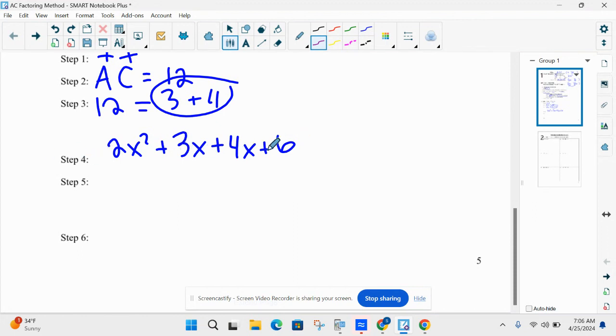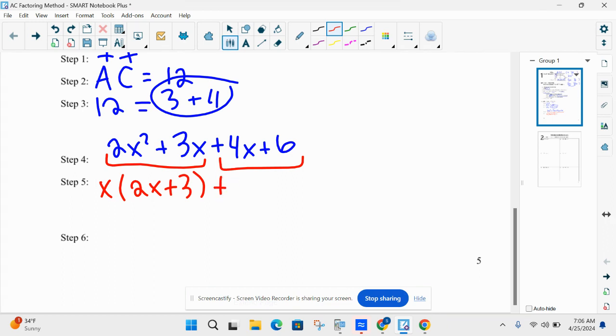Okay, so now we've split up the middle term using those two factors that we needed. And next we're going to factor by grouping. So you're going to group the first 2 terms and the last 2 terms. The GCF from the first 2 terms would be x, and then you're left with 2x plus 3. And the GCF of the second 2 terms would be 2, and you're left with 2x plus 3.